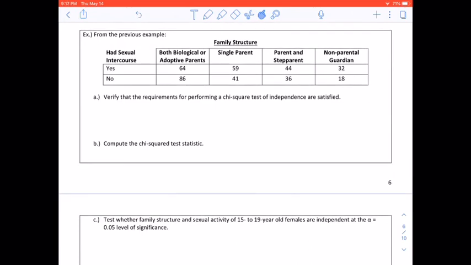So the next example says, from the previous example, which we already looked at, and all those values should still be in your calculator, we need to verify that the requirements for performing the chi-square test for independence are satisfied. The first thing is that it has to be a simple random sample.